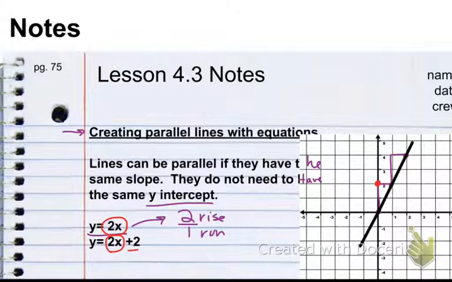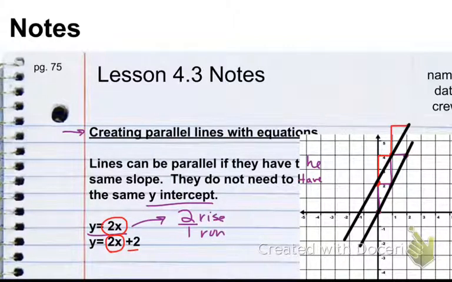I get a little bit of a head start, but it has the same exact pattern: up 2 over 1, up 2 over 1. When I graph them, I create parallel lines. As long as they've got the same slope, they will never intersect.